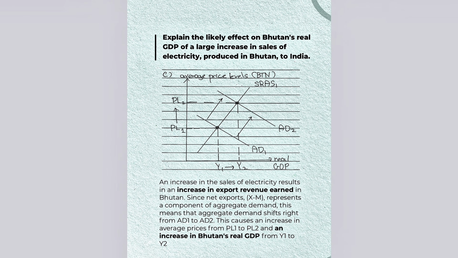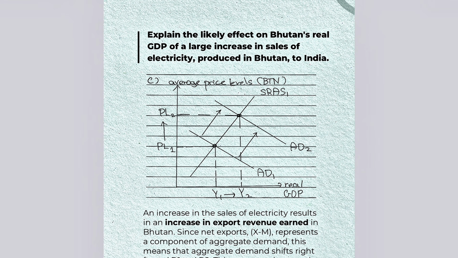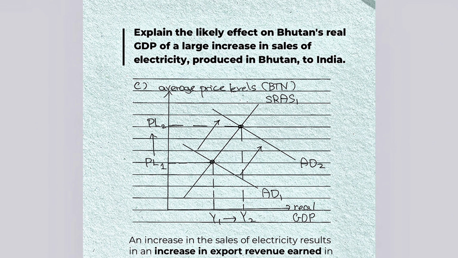Explain the likely effect on Bhutan's real GDP of a large increase in sales of electricity produced in Bhutan to India. As you can see here, the candidate has more than fully labeled the diagram. The y-axis is labeled average price levels in BTN and the x-axis real GDP. The candidate has shifted the AD curve from AD1 to AD2 to the right.